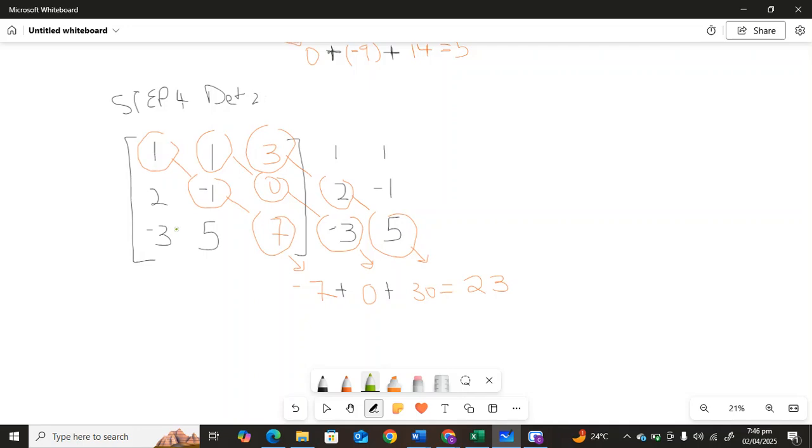Go to the trailing diagonals. Negative 3 times negative 1, that is positive 3, times 3, that's when we get positive 9, plus 5 times 0 times 1, 0.